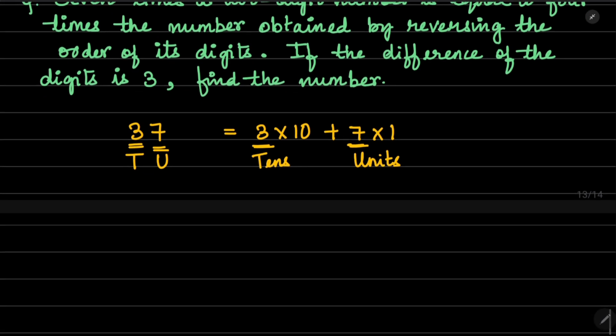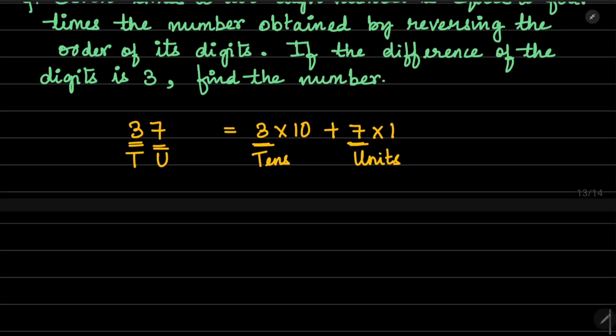Let me give you another example. Suppose I write 63. How can I write 63? 6 into 10 plus 3 into 1. So 6 is your tens and 3 is your units place.